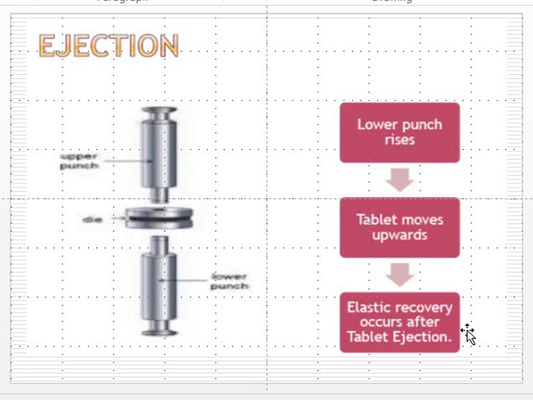So this is called ejection. The lower punch has the responsibility to push the tablet from the downside towards the upper side and remove it.